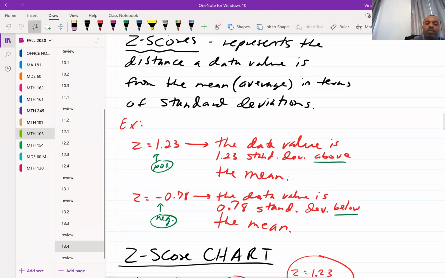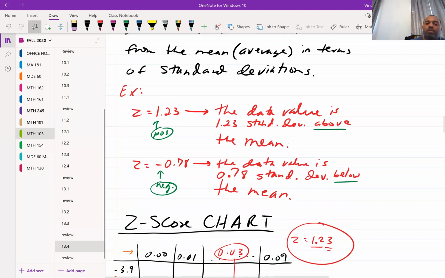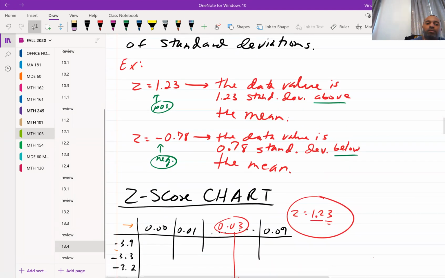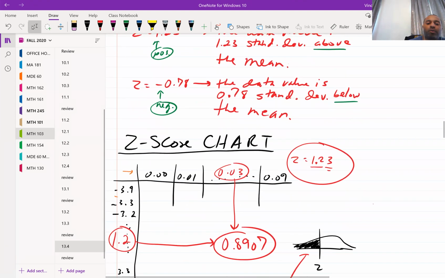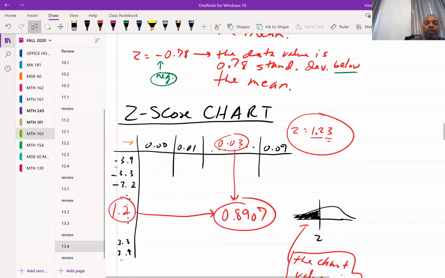All right. So next thing that's important about your z-scores is the z-score chart.